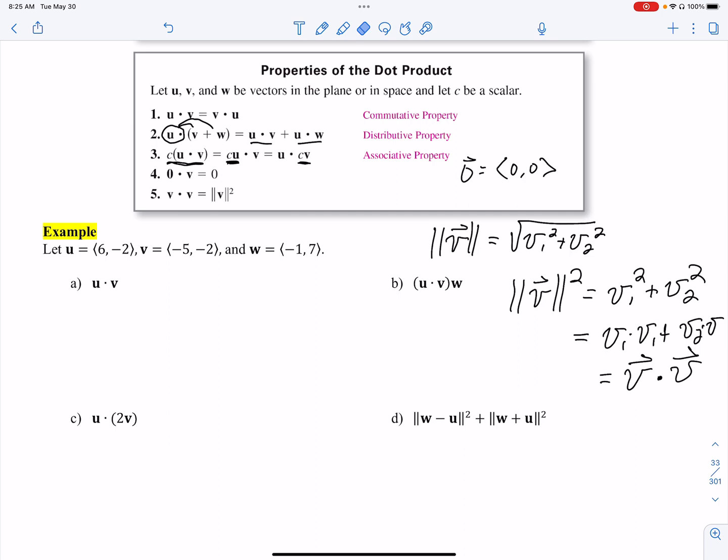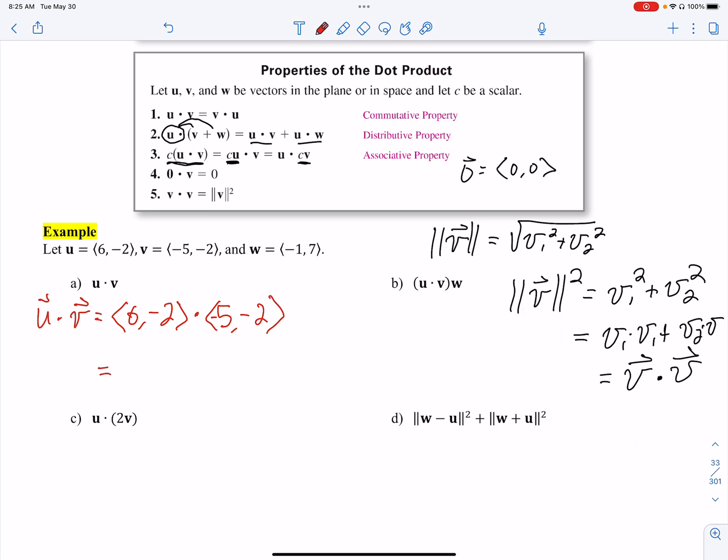All right, let's do A here. A says just to find the dot product, so we're going to use this just as practice. u dot v. Okay, I'm going to write in the vectors here: 6, negative 2, dotted with negative 5, negative 2.